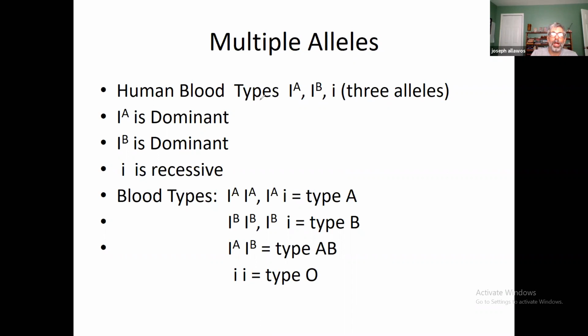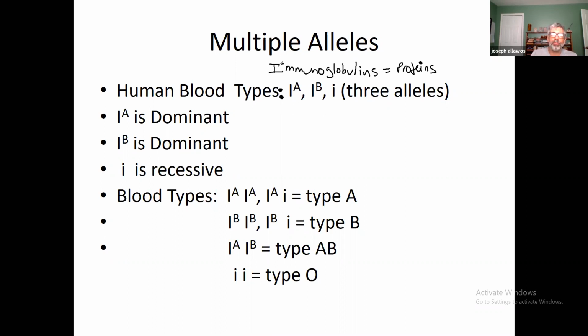Human blood type is probably the greatest example of that I can think of, where there are 3 alleles. And I'm just going to tell you the I stands for immunoglobulin. Immunoglobulins are proteins, and they're complements of proteins. And so it turns out there are 2 dominant alleles.